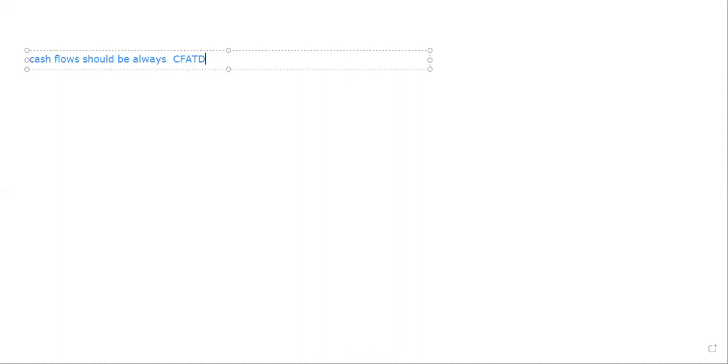Is this clear? Whatever I deducted earlier to deduct my tax, I am re-adding after deducting the tax. Hope it is clear. That is the reason we first see it as cash flows after tax, but at the last we add D for depreciation, which is added back at the end.